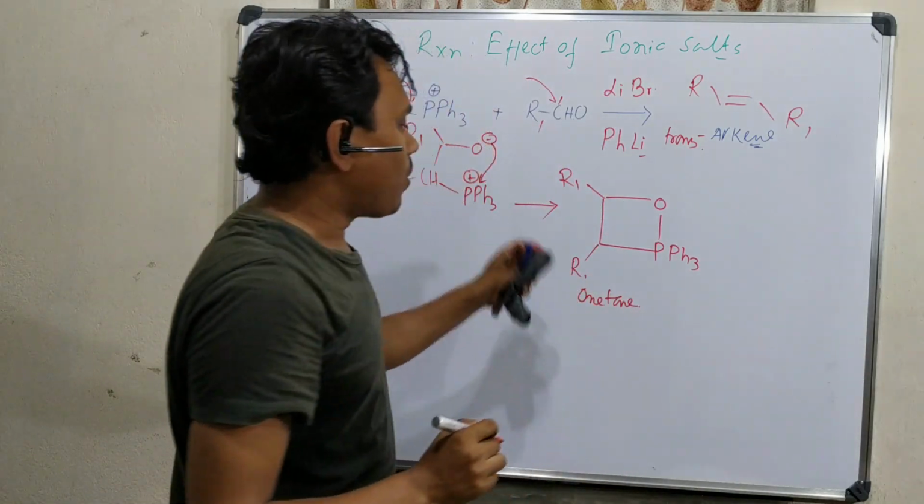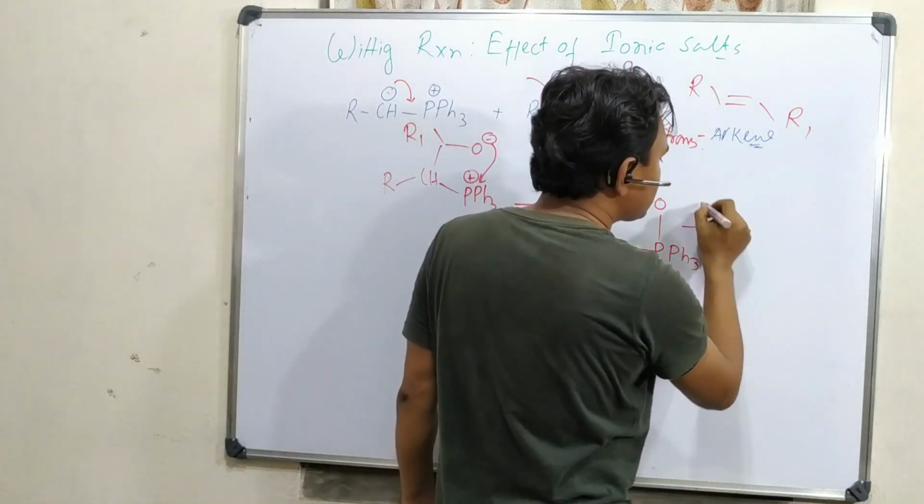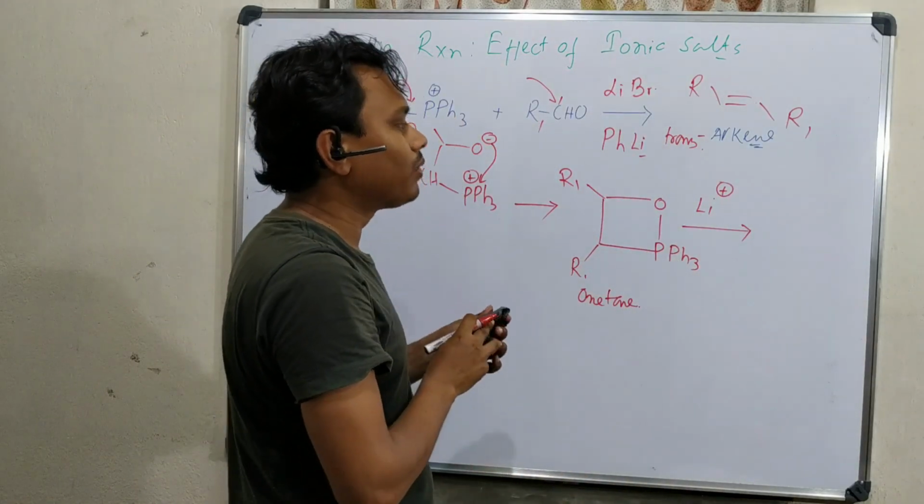So this oxaphosphetane intermediate undergoes ring opening in the presence of a salt like lithium plus. This is the main important step.